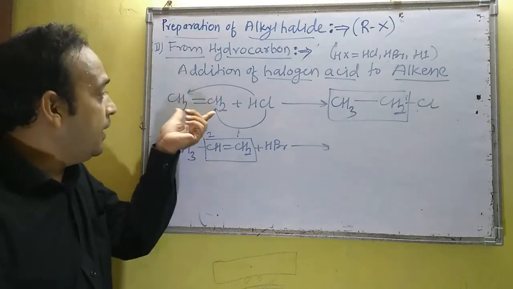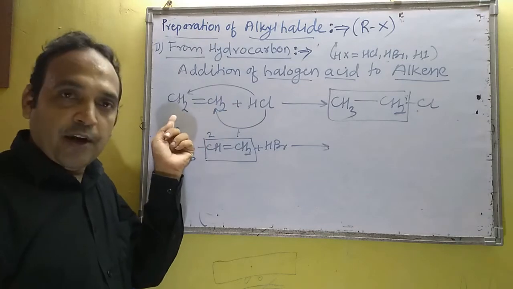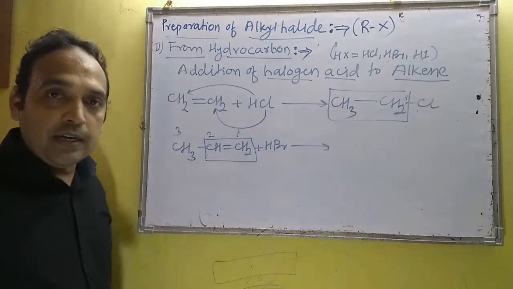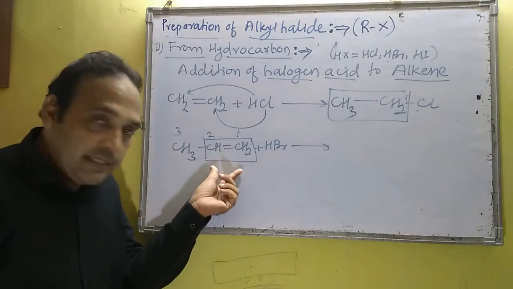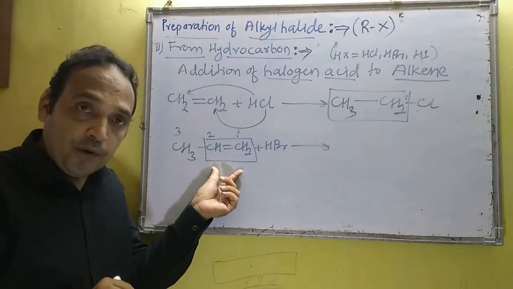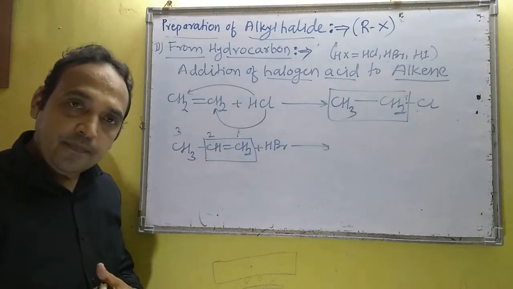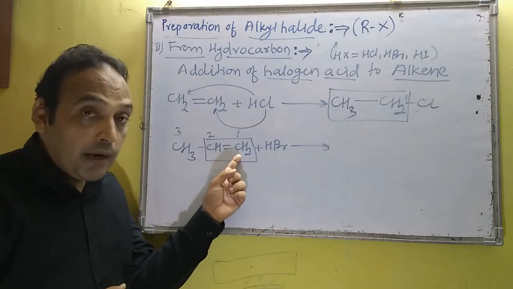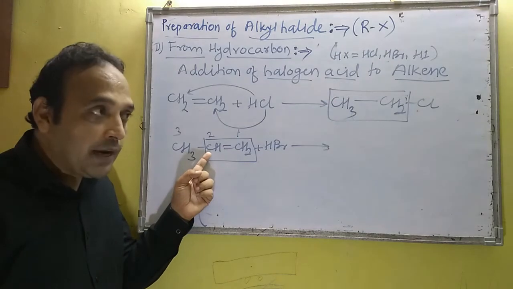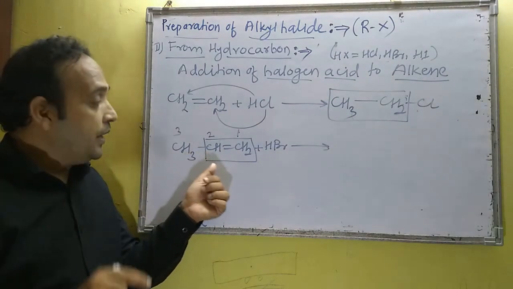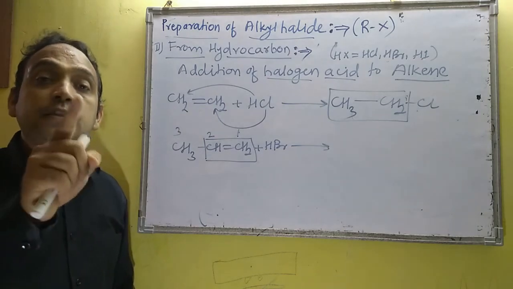In ethene, both carbons have the same number of hydrogen atoms. But here, carbon number 1 has 2 hydrogen atoms and carbon number 2 has 1. So definitely it is an unsymmetrical alkene.